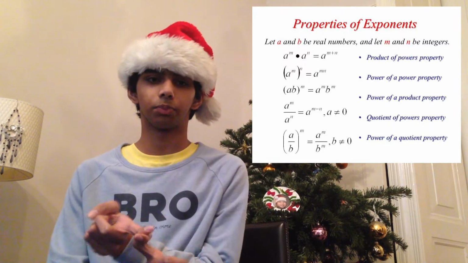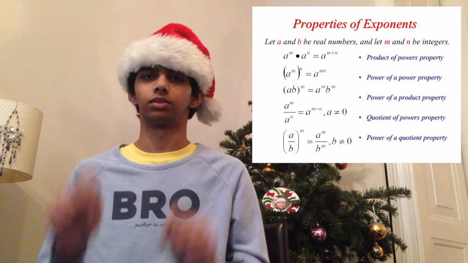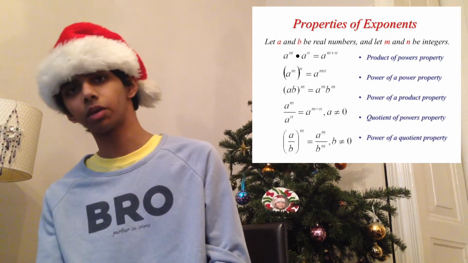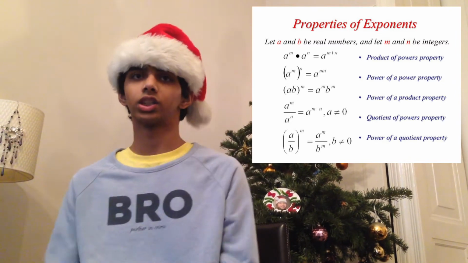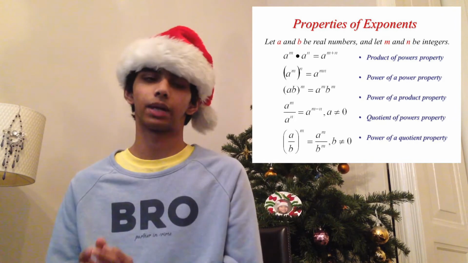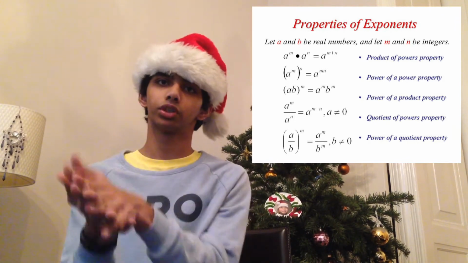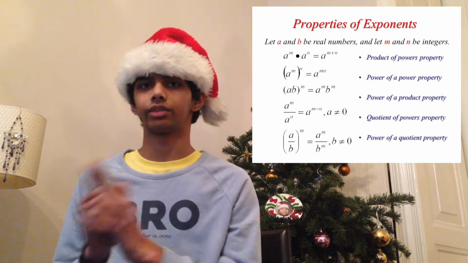And there are properties of powers. There are 5 properties. So the base with a certain power, when multiplied with the same base with a different power, will result in the base having the sum of the two initial powers, which would mean 5 to the power of 2 times 5 to the power of 3 will result in 5 to the power of 5.